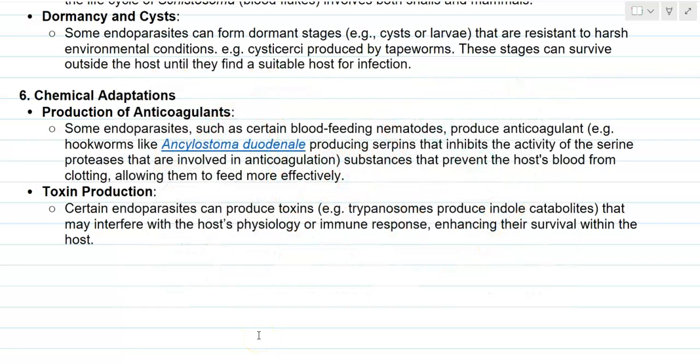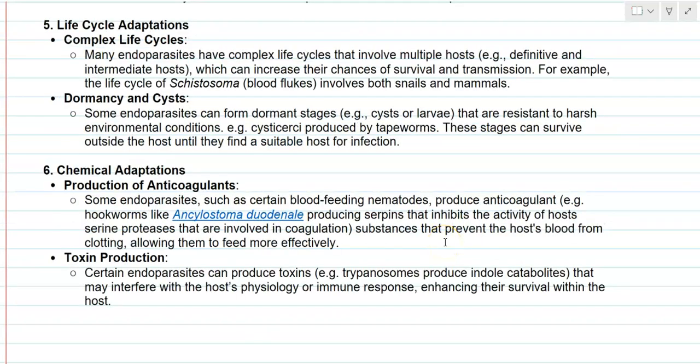Here the example is the hookworm, scientifically referred to as Ancylostoma duodenale, which produces certain chemicals called serpins that are actually anticoagulants that inhibit the activity of the host serine protease enzymes, which are involved in the coagulation process. So, producing this kind of anticoagulant substance prevents the host blood from clotting, allowing them to continuously get a blood meal, which is fed on by these nematodes or parasites and helps in their multiplication.